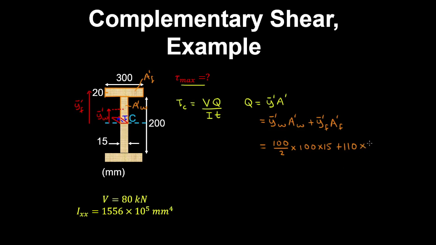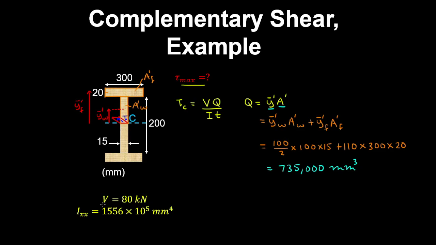And then multiply by the area of the flange, which is 300 by 20 millimeters. So that gives 735,000. And the units are millimeters by millimeter squared. So that will be millimeter cubed.